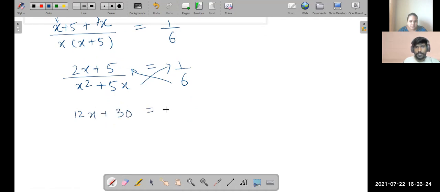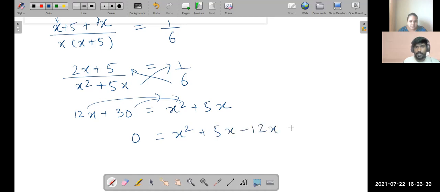So x square plus 5x. Now bring all these terms to the other side, so here you'll have 0. So x square plus 5x minus 12x minus 30. Sorry, 5x minus 12x is 7x.